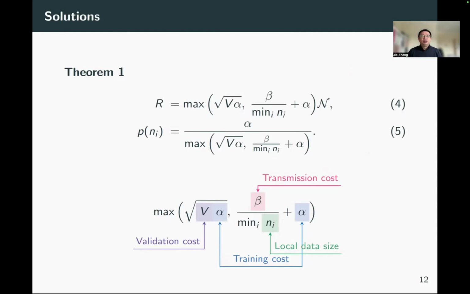So together, this equation is essentially enforcing our constraint. And again, our reward is made by multiplying this by the total amount of data, and the probability is by dividing alpha by this value. You notice that this function is essentially in terms of per unit of data, because we have to multiply by the amount of data, or we use alpha, which is also per unit of data. So anyway, this theorem is going to tell us what our optimal values of alpha and p are.